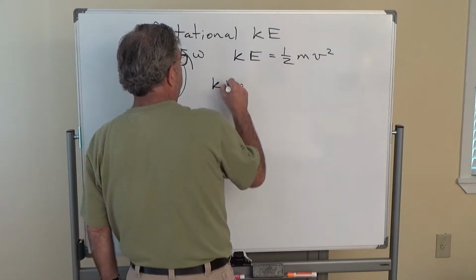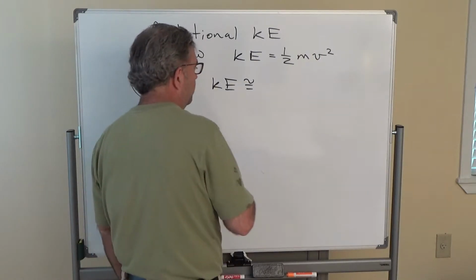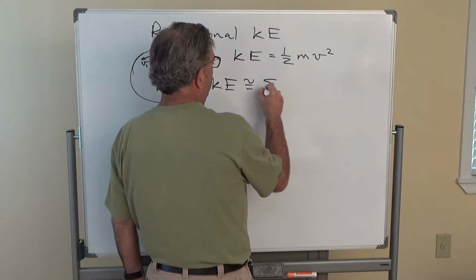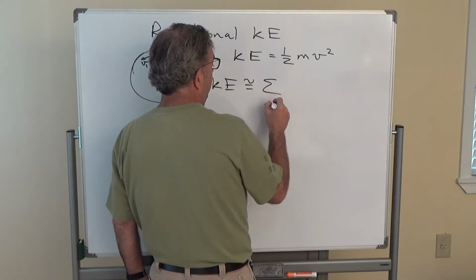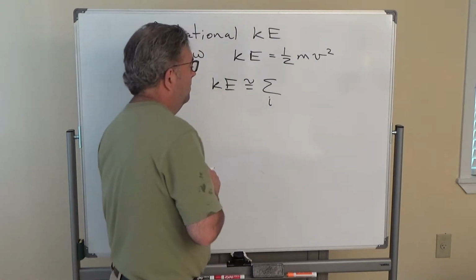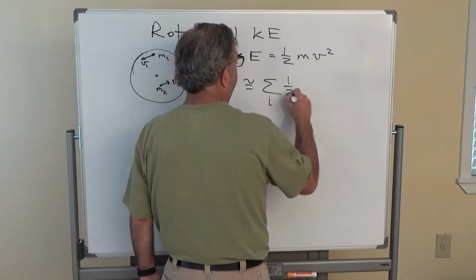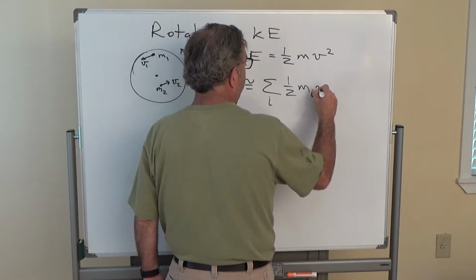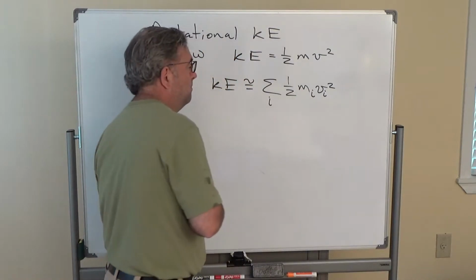The kinetic energy is approximately equal to the sum over i of 1/2 m sub i v sub i squared.